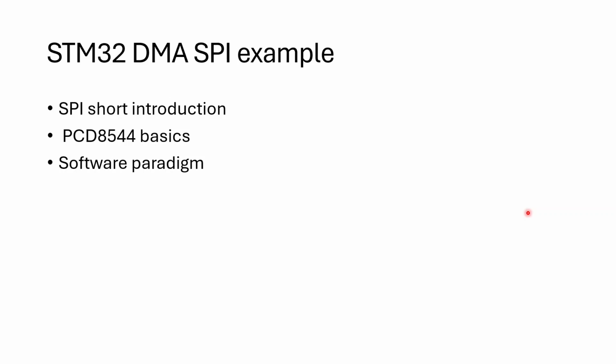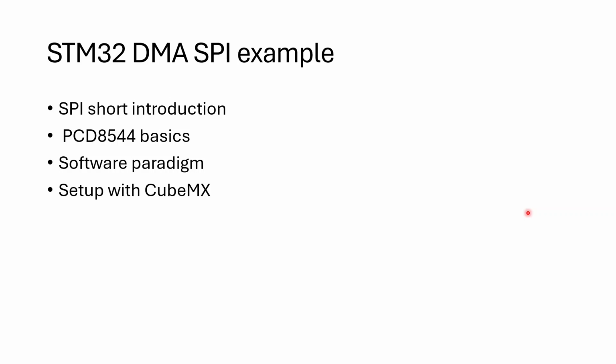Then I'll talk a bit about the software paradigm. So let's say the software benefits and the software point of view, and why this use of DMA, especially in this example, is beneficial.